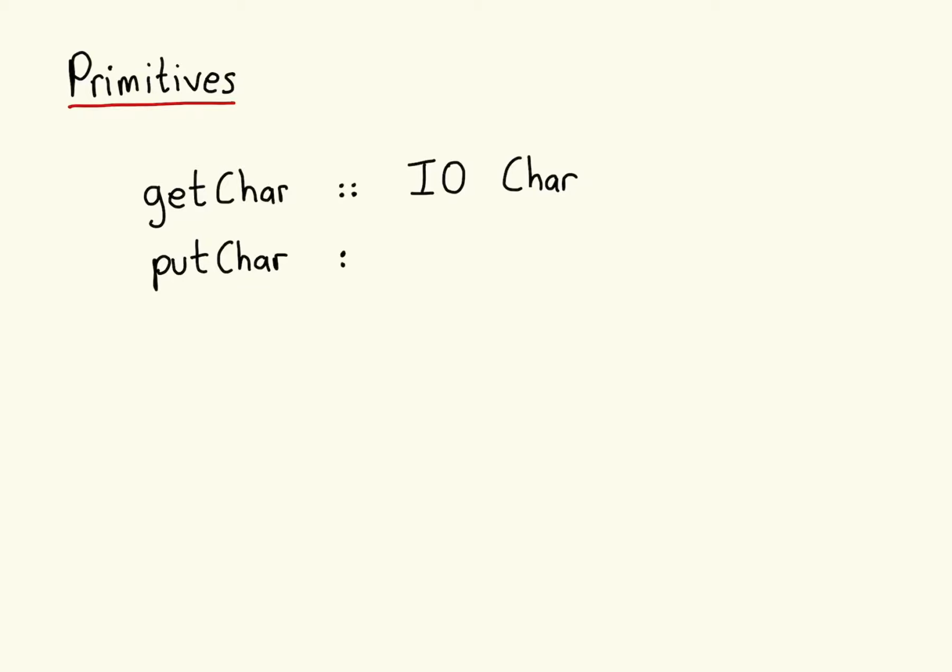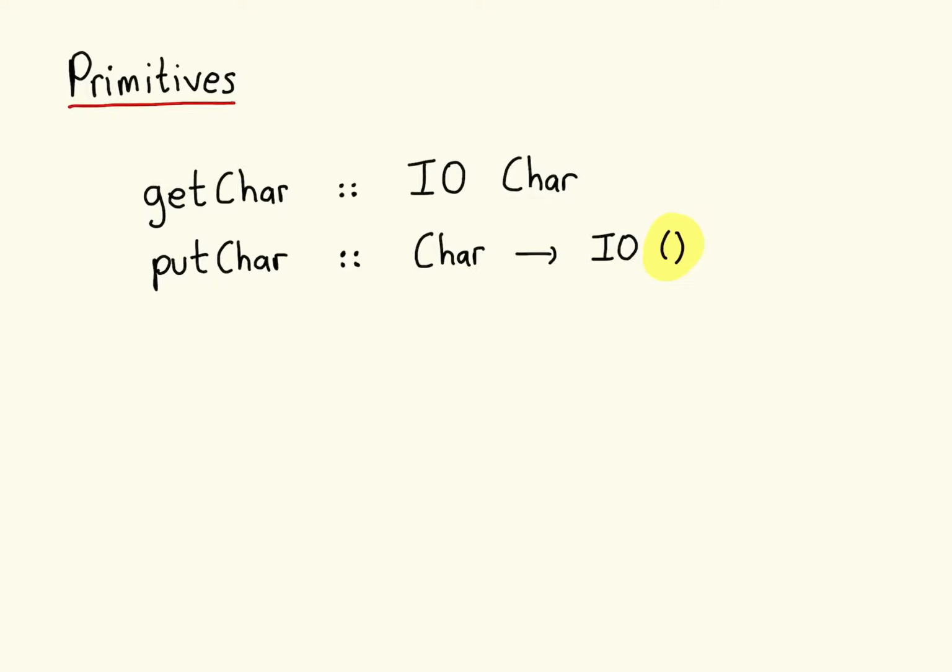And what putChar does is you give it a character as input, and it's going to give you back an action which is going to print that character on the screen. And notice here that this is a purely side effecting action you're going to get back, because we have the void result type here, because when you print a character on the screen, that's always going to succeed, so you don't need to return any meaningful result value, but you still need to return one.